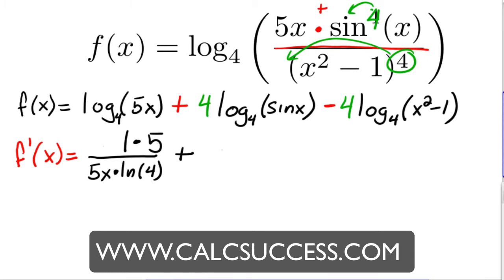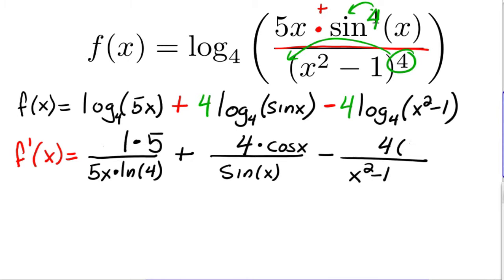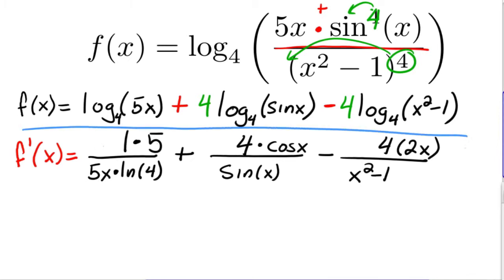Okay, and then plus, and then I have 4 over, I'm not going to put the 1 this time, but it's 4 over the inside, which is sine of x, and then times the derivative of sine of x, which is cosine of x, and then minus 4 over the inside, which is x squared minus 1, times 2x. And that's it.